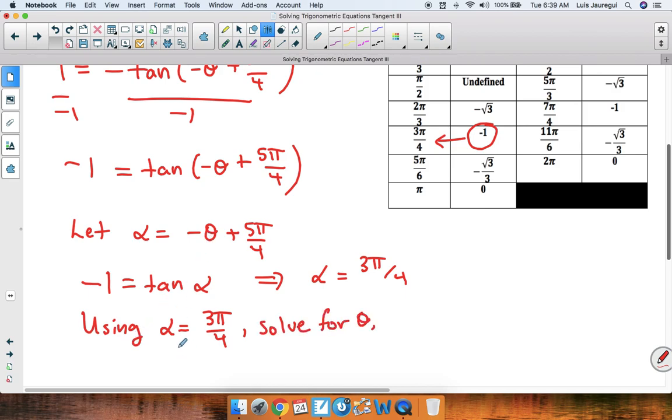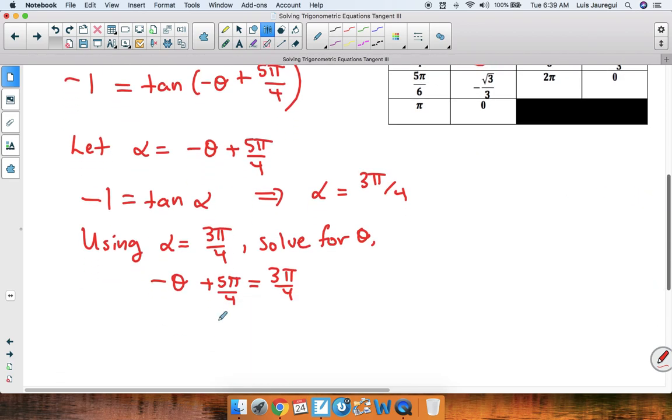Okay, so we have that alpha, which was simply the opposite of theta plus 5 pi over 4, is equal to 3 pi over 4. Now, let's subtract the 5 pi over 4 from both sides. So we end up with the opposite of theta is equal to 3 pi over 4 minus 5 pi over 4.